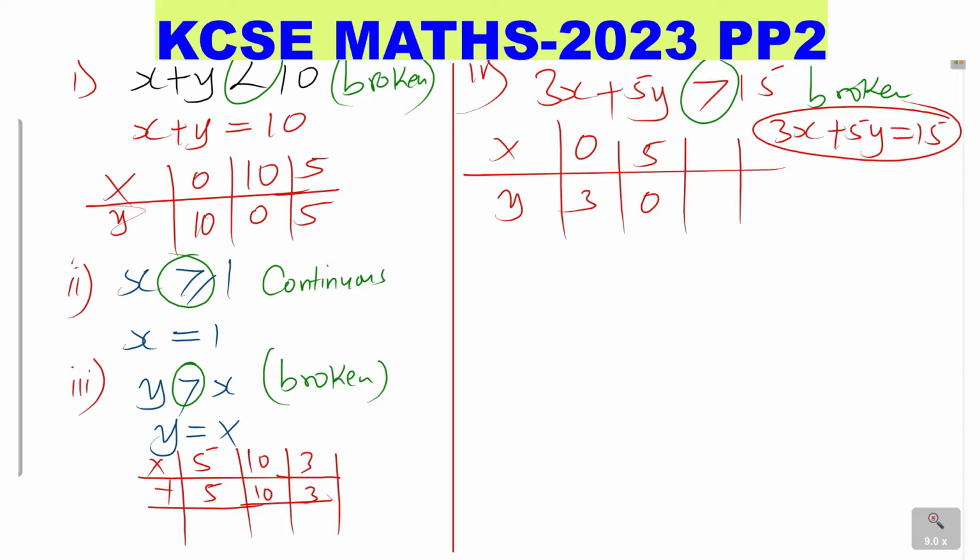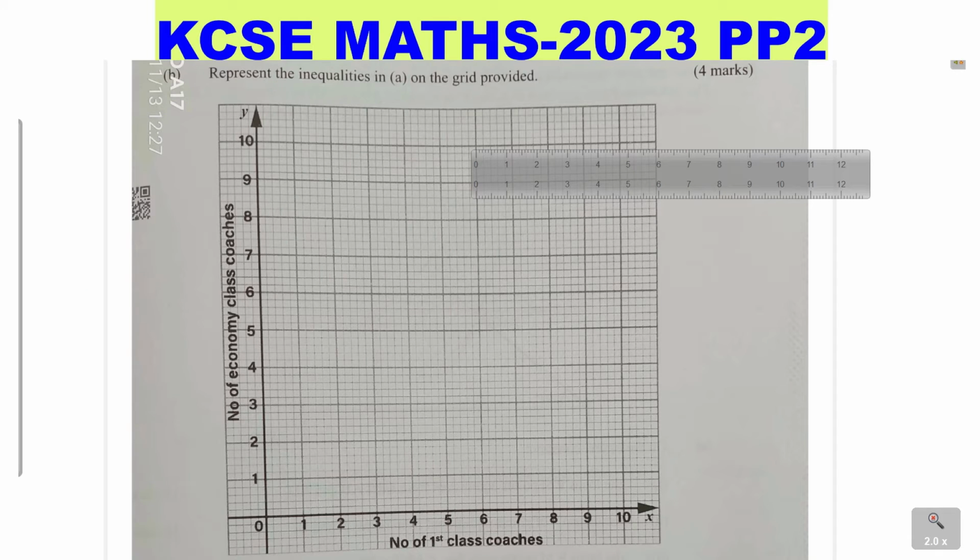Now that we have all the points, we go to the first inequality, x plus y is less than 10. We draw that line using the points 0, 10, 10, 0, and 5, 5. So go to the graph. We have 0, 10 here, then 5, 5, and 10, 0.